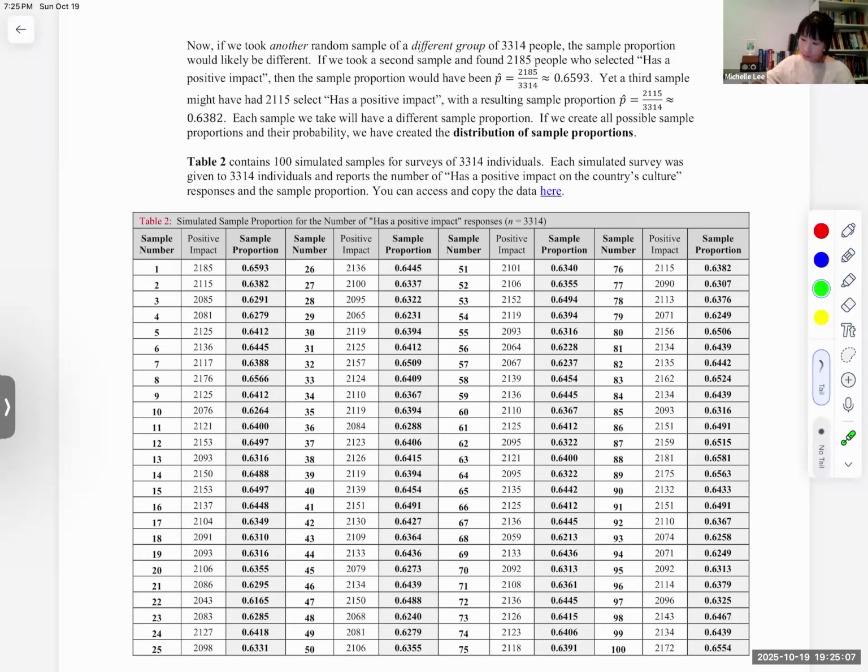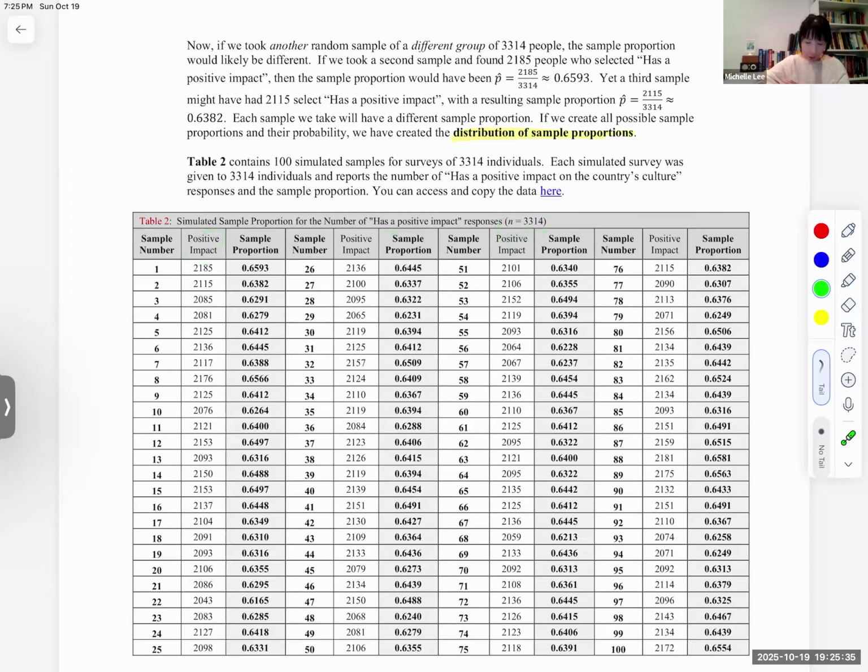We had n equal to 3,314, which is a huge number, and for each sample the number of successes with a positive impact is different.